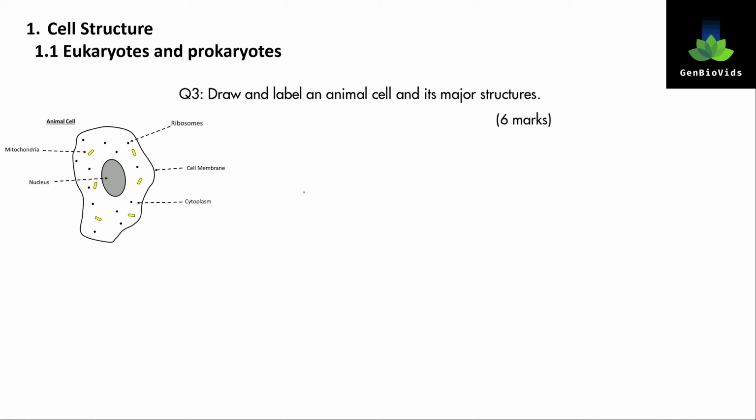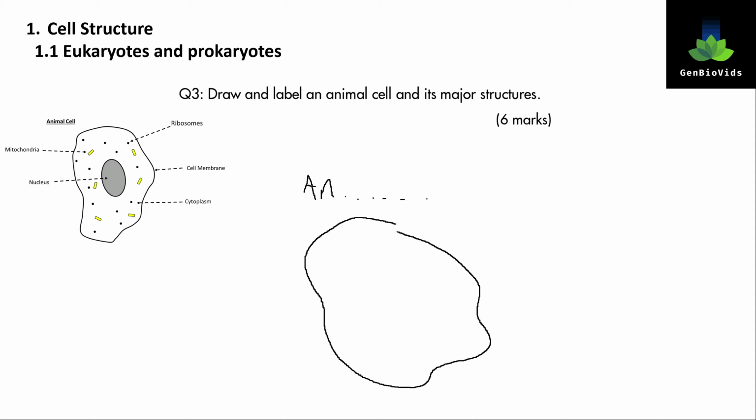Okay, so first you need to give it a title. So I'm not going to write the full thing here, but it will be animal cell. And then you can draw the cell. So just draw something that somewhat resembles an animal cell. Add a few dots for the ribosomes.